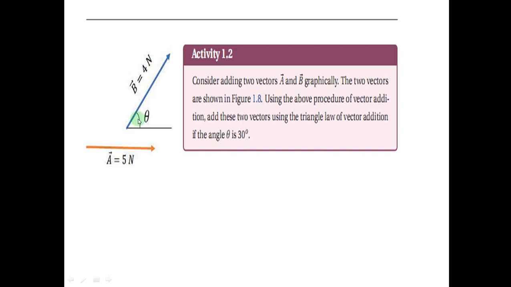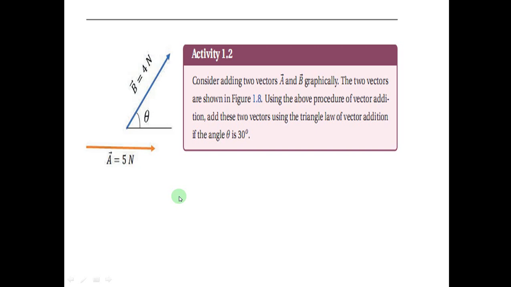To find the resultant vector, you can use the triangle method, but to find the exact resultant, it's better to use a ruler and a protractor. Try to find the resultant of vector A, 5 Newton, and vector B, 4 Newton, at 30 degrees to the horizontal.